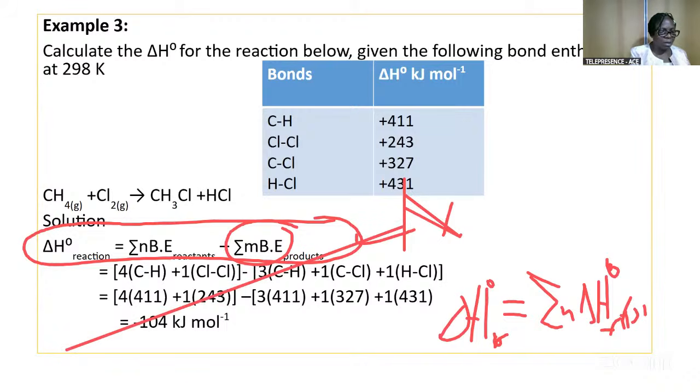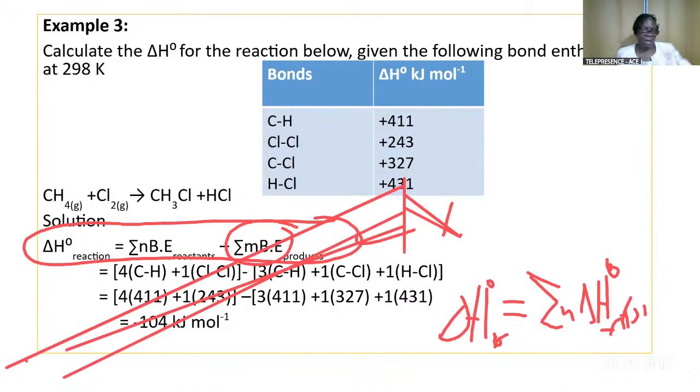So don't mix them up. If you take your time to read, you will definitely understand what we are doing now. The slides are very clear. The examples are very straightforward. So I believe you can continue from there, having clarified some of your issues.